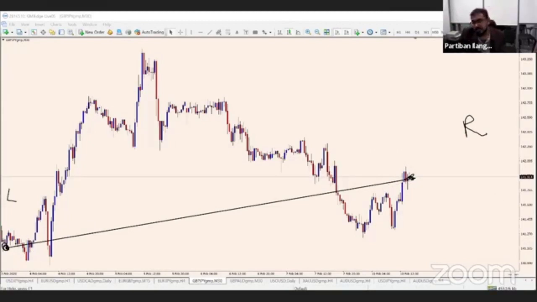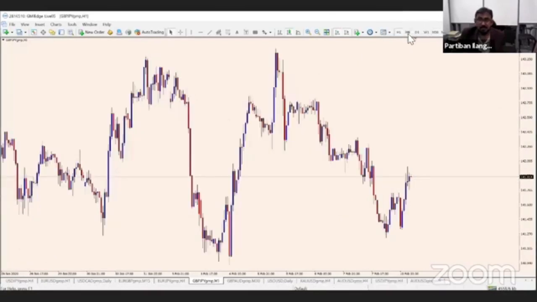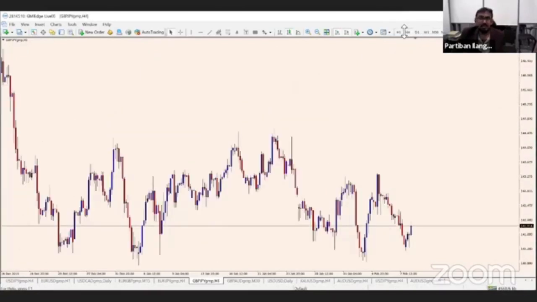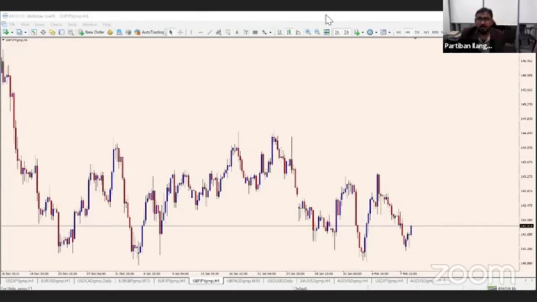And if the price is pointing down, then it's a downtrend. This is a simple way where at a glance you can decide whether it's an uptrend or downtrend. A lot of traders use this. You'll be surprised. And if you see this scenario, I would point like this, from left to right.